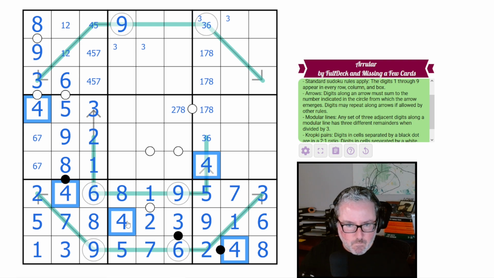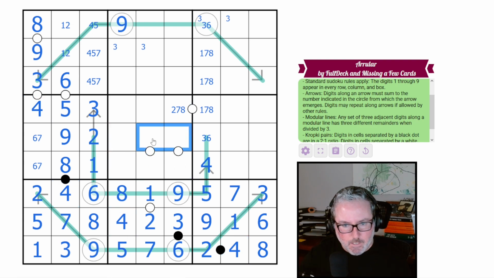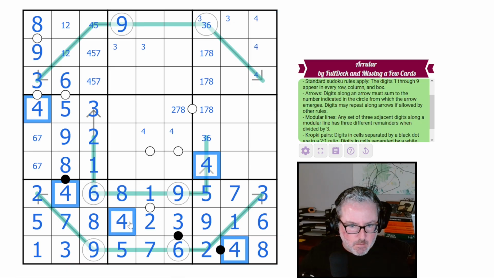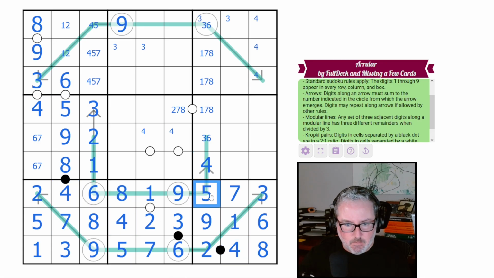Okay. What about 4s? Okay, so there is a 4 on one of these 2 Kropkis. Is that helpful? Not necessarily. There's a 4 on one of these. Anything else? No. 5s?